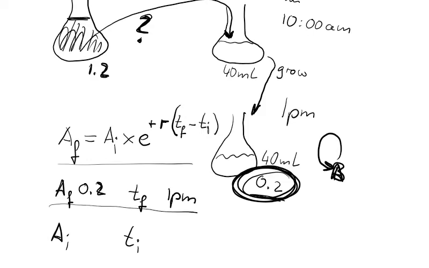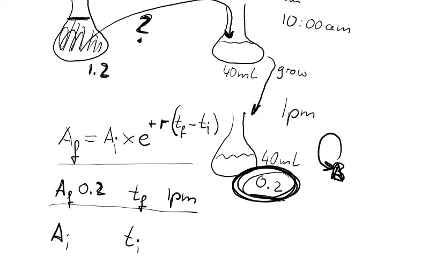What is our A initial? We said it must be lower than 0.2. You said that, right? And some other people said that.